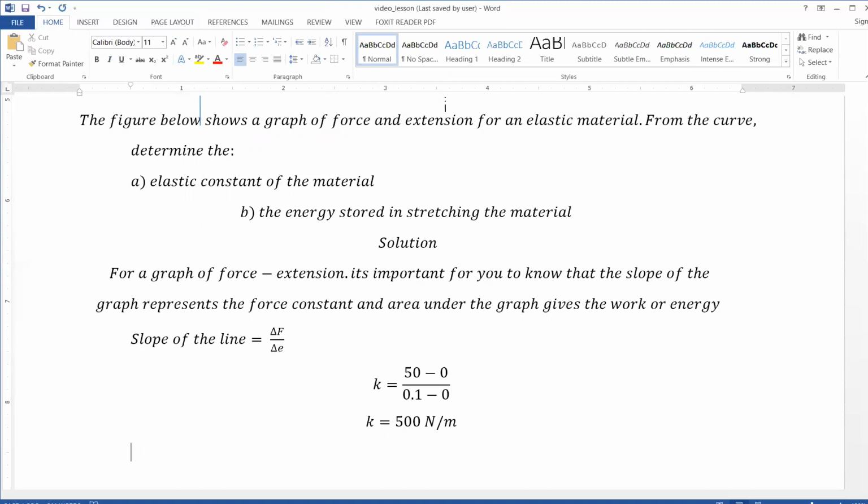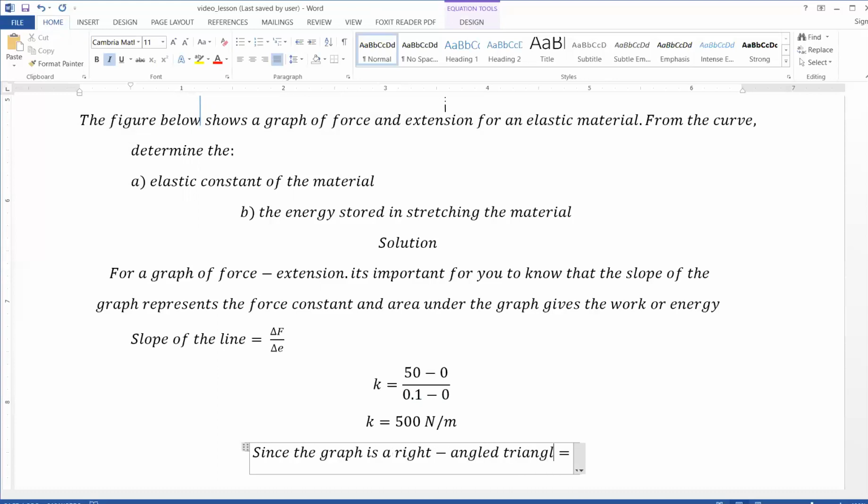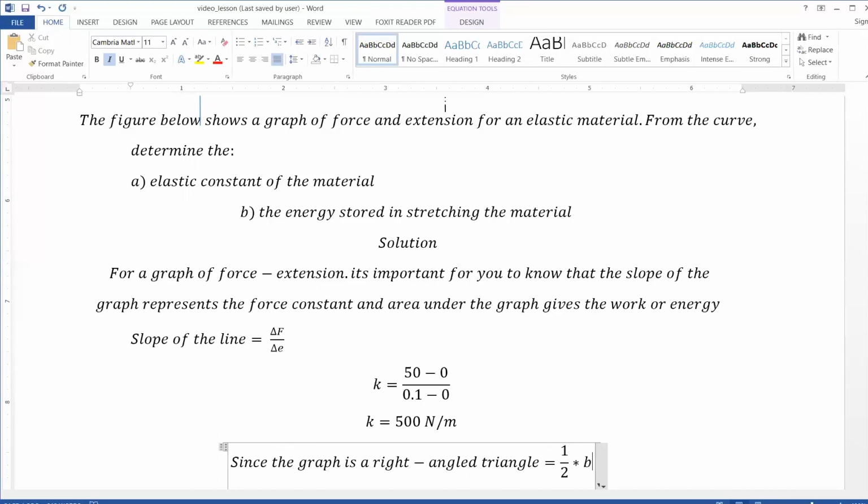Now the work done is obtained as the area under the graph. Since the graph is a right angle triangle, the area is half times base times height.